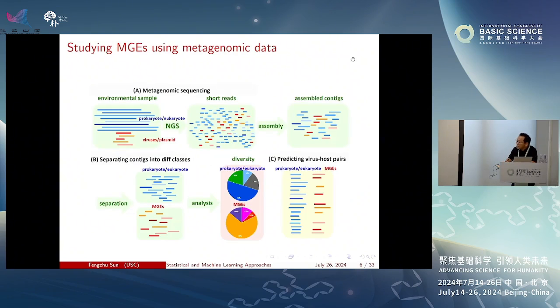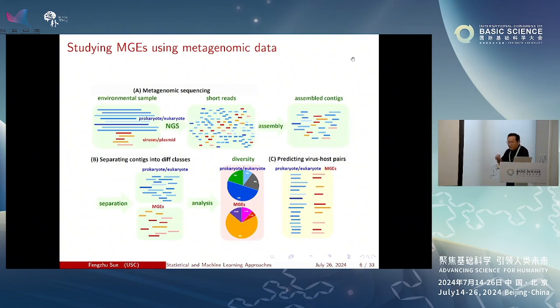So here is a kind of conceptual formulation of our study. Here these are in the environment sample. And you can think about, we have a variety of different microbes, including those prokaryote and the eukaryote, and their genome sizes are much longer.